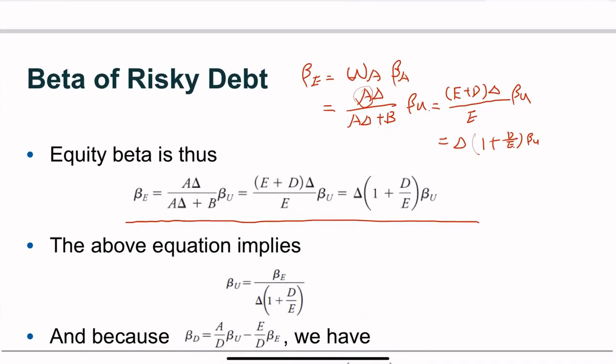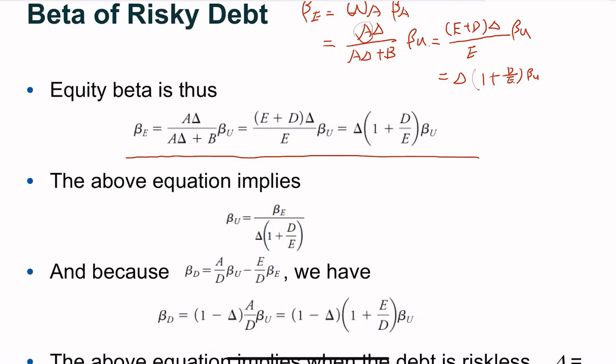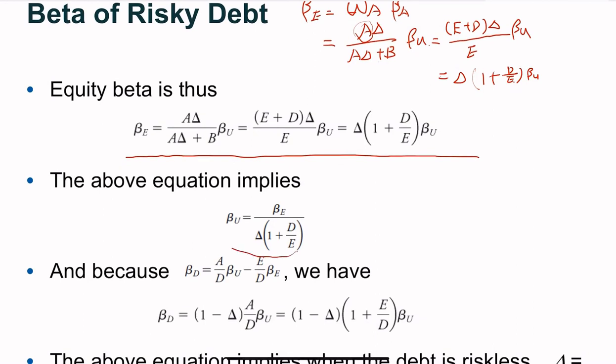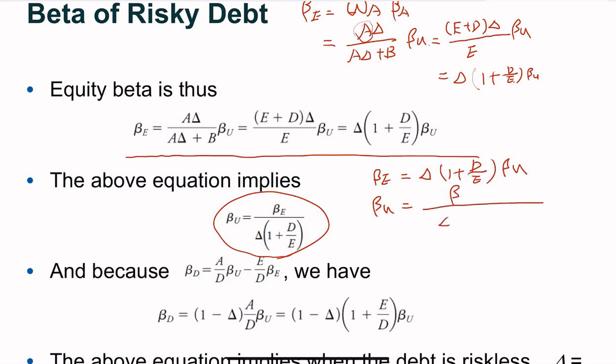Now let's see the second formula. Well, the second formula is actually easy because according to the first formula, beta E equals delta times 1 plus D divided by E times beta U. So unlevered beta would be beta E divided by delta times 1 plus D over E, right?